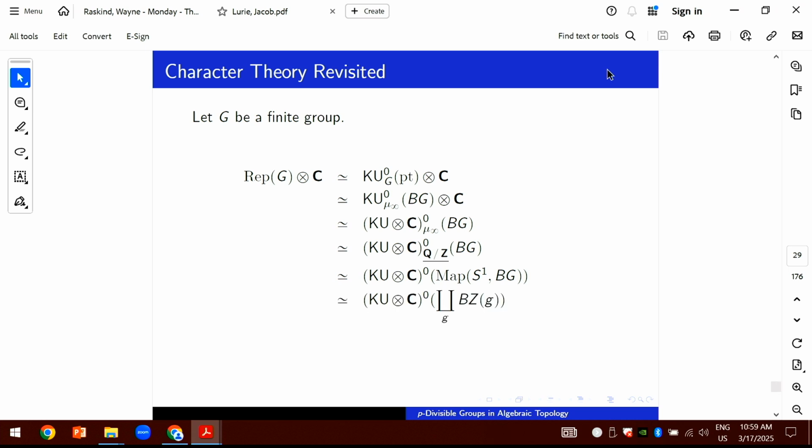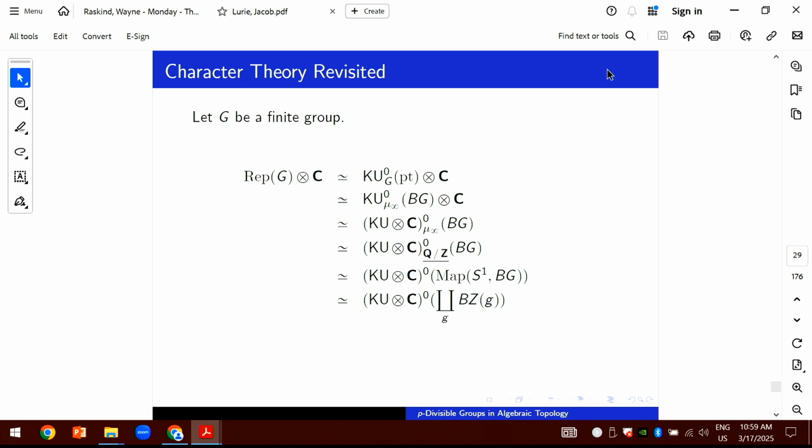It has one component for every conjugacy class in G, and the component corresponding to the conjugacy class of an element g is a classifying space for a smaller finite group, which is the centralizer of that element little g. So you're computing the cohomology of this space for the cohomology theory which is complexified K-theory.